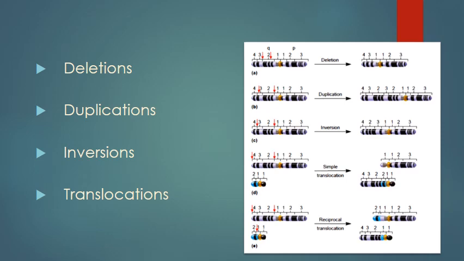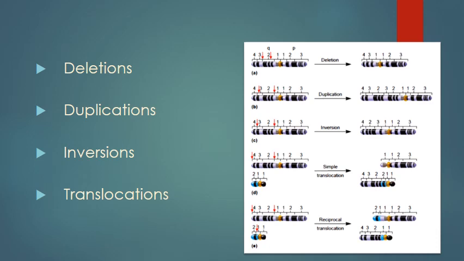Inversion and translocation are chromosomal rearrangements. Inversion involves a change in the direction of the genetic material along a single chromosome. As shown in this figure, a segment of one chromosome has been inverted so that the G bands are in the opposite order to the parent chromosome.